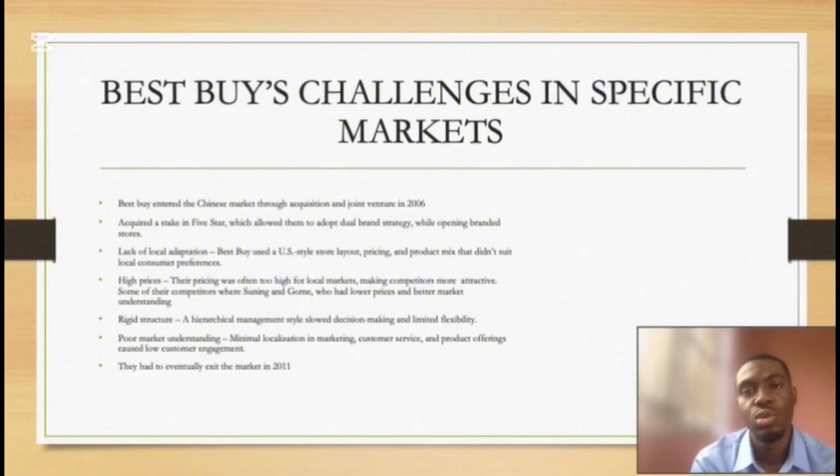High prices. They maintained their global pricing from other markets and also used it in the Chinese market, hoping that they would succeed. But the purchasing power in the Chinese market was very different, which gave competitors an advantage with customers.